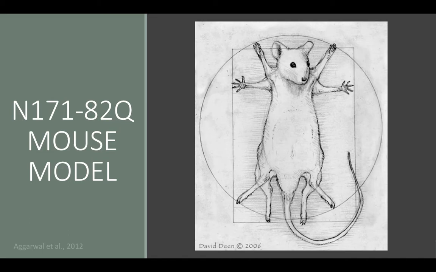And this mouse model here is interesting to us because it has three copies of the Huntington gene, two of which are its own mouse Huntington genes, one of which is a human Huntington gene that has been expanded to 82 repeats. This mouse model, the N171-82Q, shows similar symptoms to adult onset Huntington's disease.